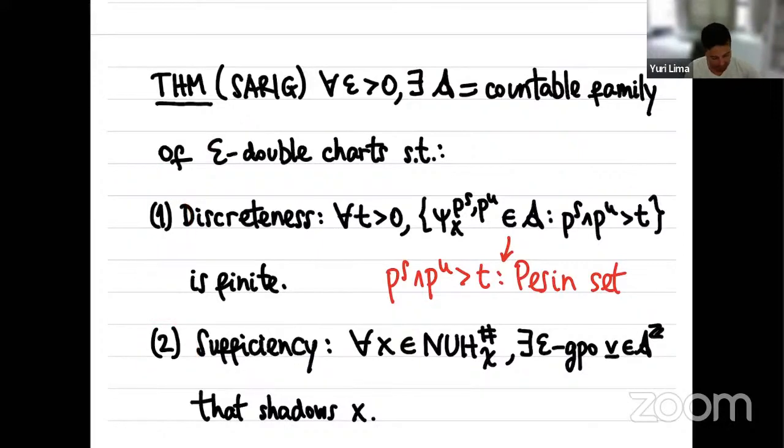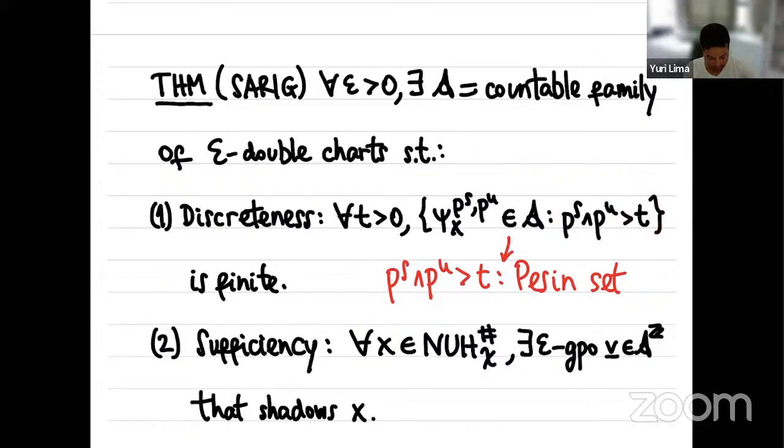First of all, you have this discreteness property, which plays a key role in the construction in the future. It tells us that for every parameter t, the number of double charts that you selected, for which the scales PS and PU are both bigger than t, is finite.